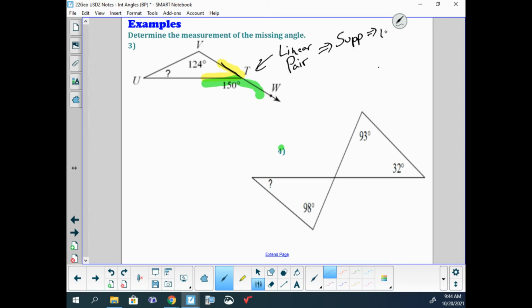And supplementary is where the two angles add up to 180 degrees. So if I want to find this part that I just put a circle on, I know that that circle plus 150 will add to 180. So I can take my angle total of 180 for a straight line, and I can subtract 150 and get 30. So that little red dot is 30.